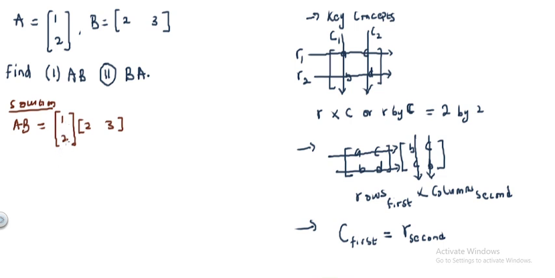How do I check that? I check the columns of the first matrix, which is 1, and the rows of the second matrix, which is also 1. Since the columns and the rows are equal to each other, that means I can multiply these 2 matrices. You can do this on the side on something like a rough paper when you're solving a question.